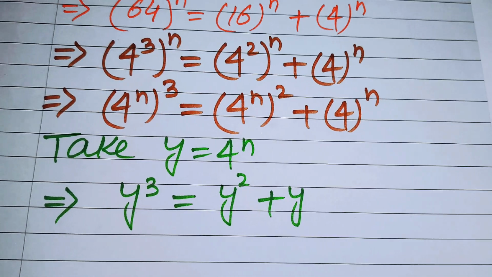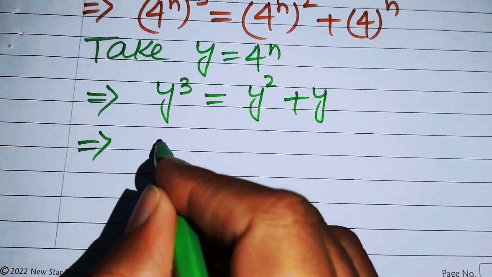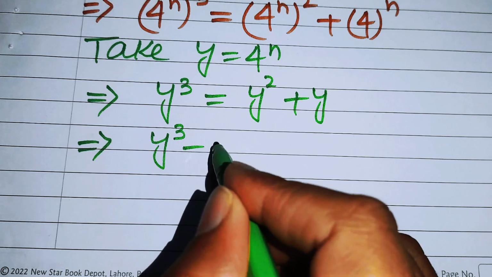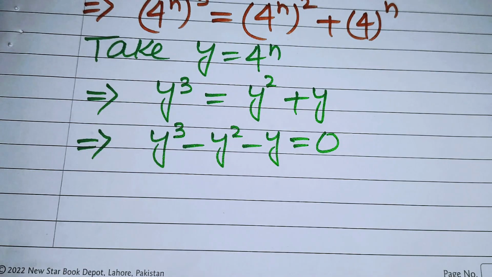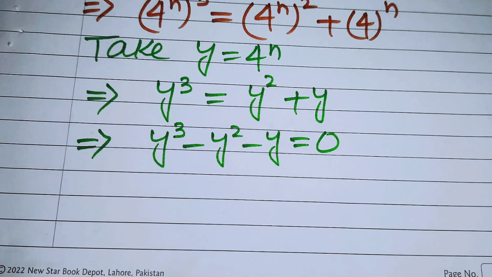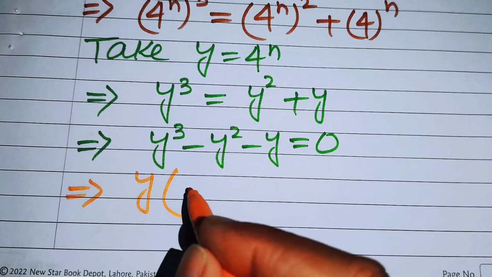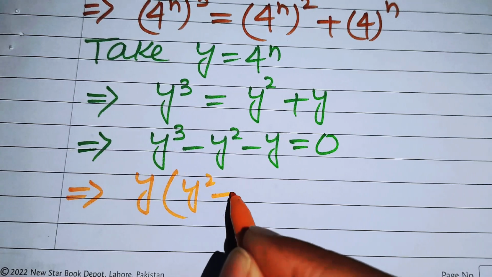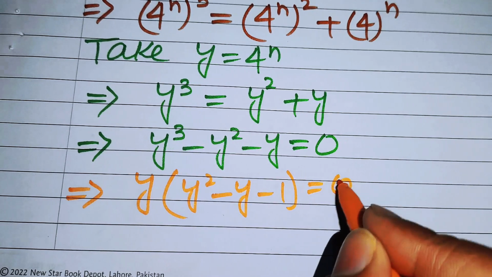In the next step we move all the terms from the right hand side to the left hand side, and it becomes y cubed minus y squared minus y equals 0. Now you see here we have y as the common term, so we take y common and obtain y times y squared minus y minus 1 equals 0.